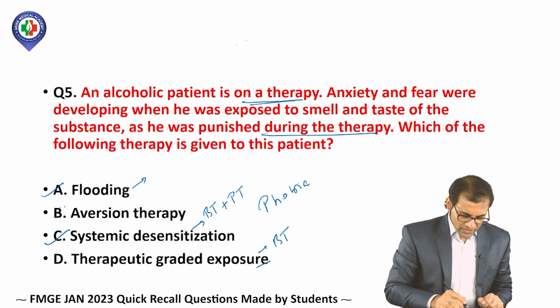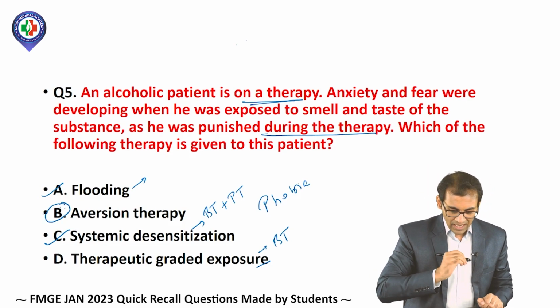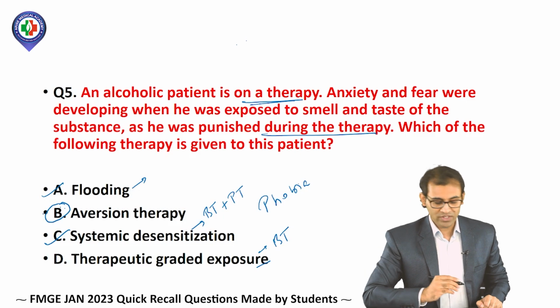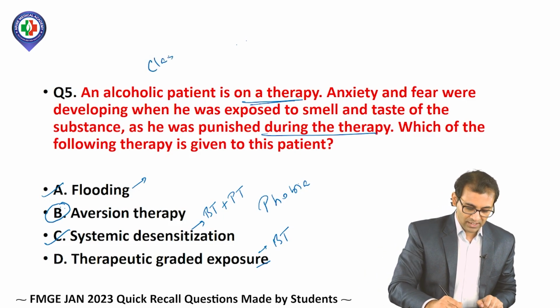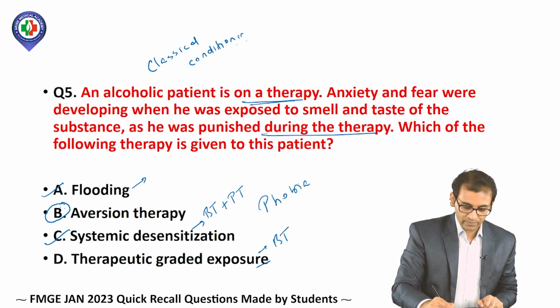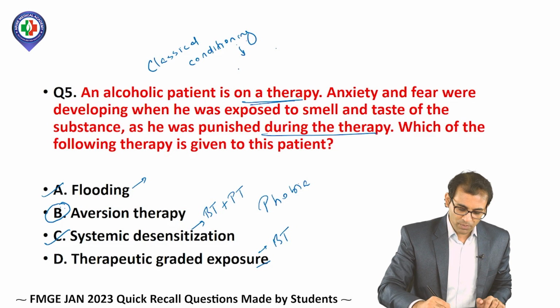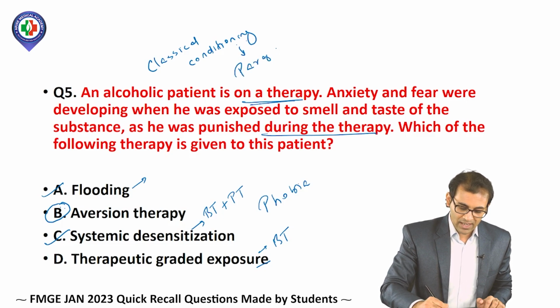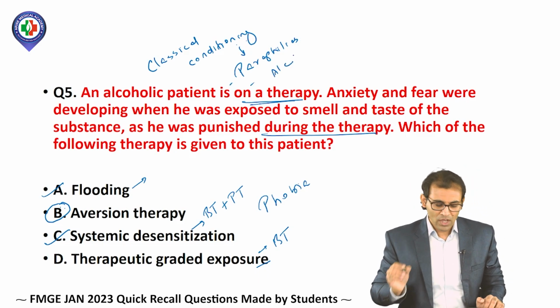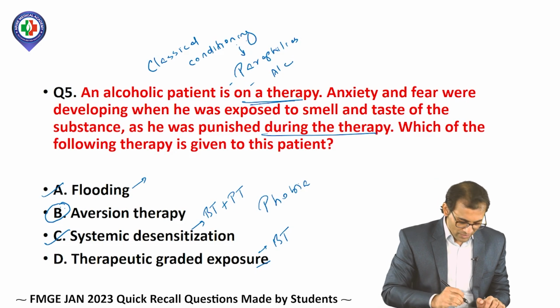And now you see option number B, which is called aversion therapy, which is a type of classical conditioning, and this we use for the treatment of paraphilias and alcoholism, basically substance abuse. So what actually do we do in aversion therapy?